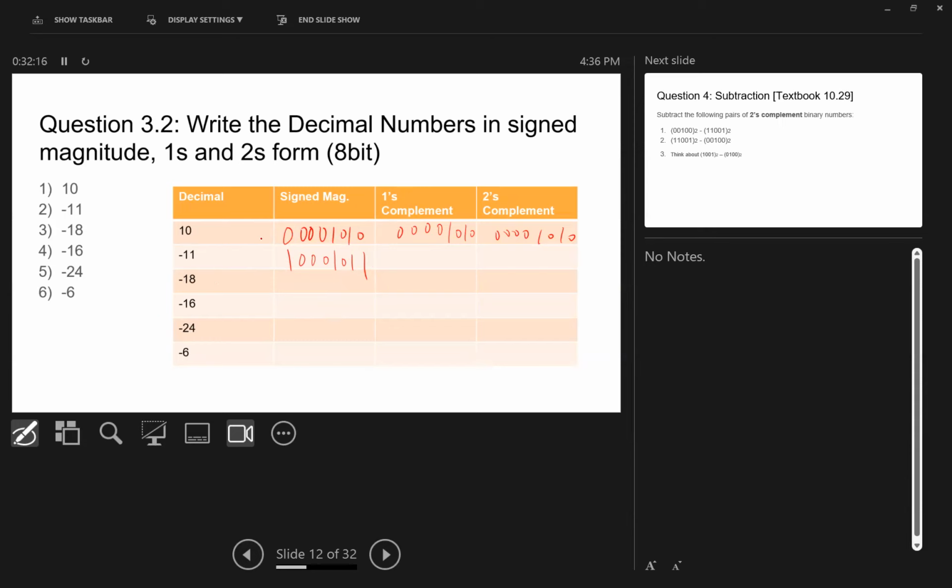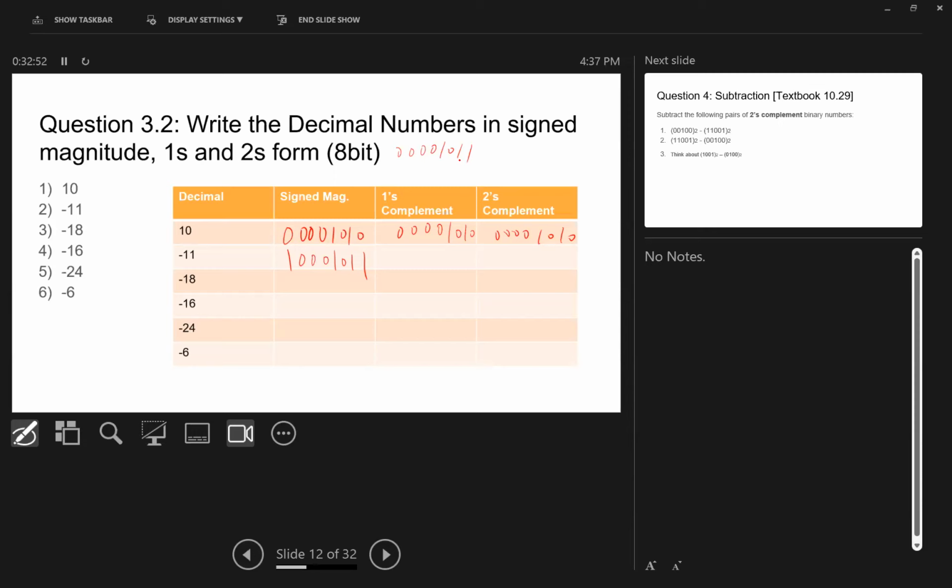We write the 8-bit unsigned binary representation for the absolute value. And then since we have a negative symbol here, we flip all the bits of this representation to get the 1's complement representation.